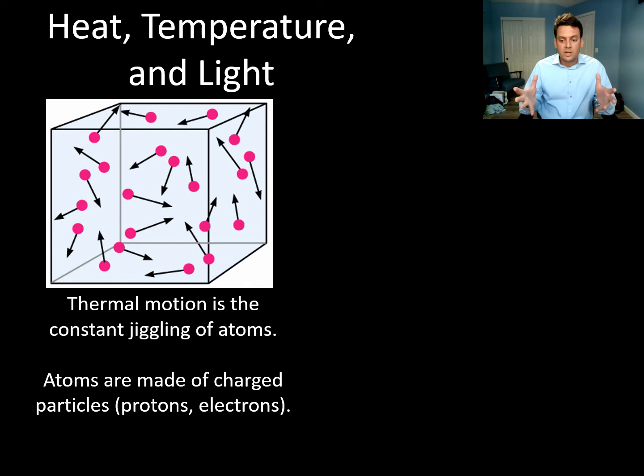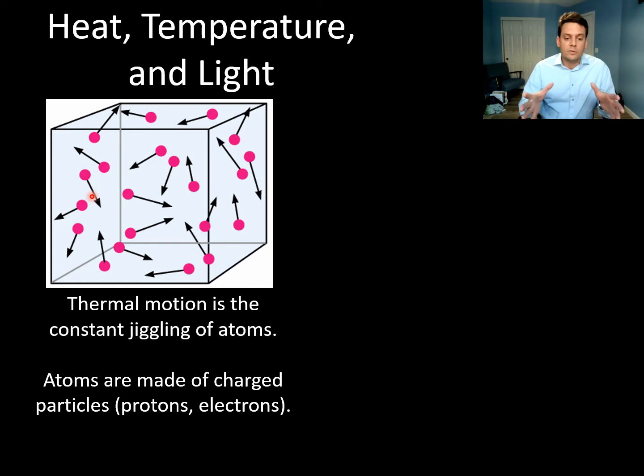If they're in a gas, they'll be largely independent, as is shown here in this box, where you have just independent atoms or molecules flying around that don't know anything about each other, but they're moving around at some speed. And what that speed is, again, is measured by the temperature. The temperature is a measure of the average speed of the particles as they move around in this thermal motion.